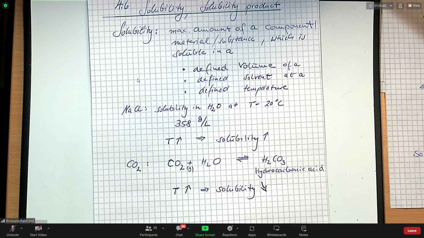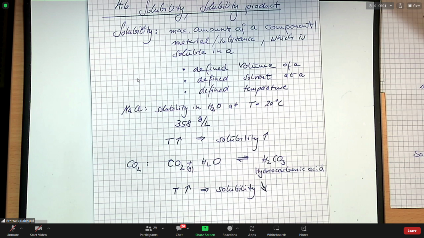But now you cool it down, and in this intermediate phase, when it is cooling, you have partially more dissolved than in reality you can dissolve at that temperature. It takes a while, but then the sodium chloride will crystallize again. For a moment, you have dissolved more than normally possible.